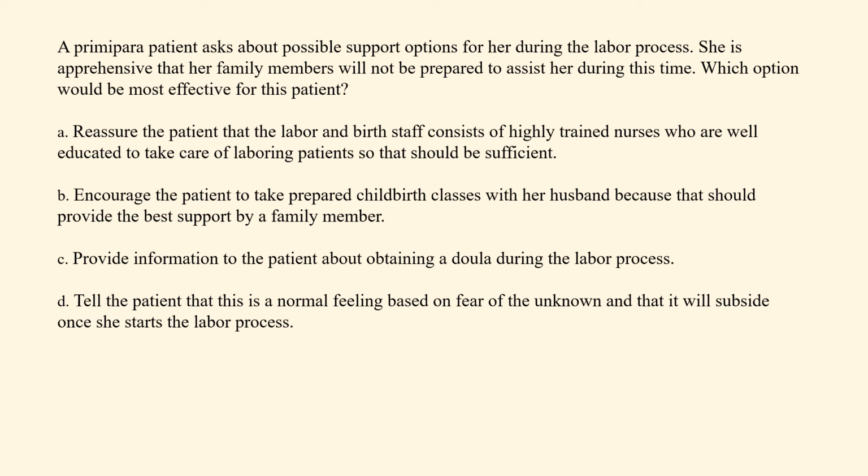B. Encourage the patient to take prepared childbirth classes with her husband, because that should provide the best support by a family member. C. Provide information to the patient about obtaining a doula during the labor process. D. Tell the patient that this is a normal feeling based on fear of the unknown and that it will subside once she starts the labor process.